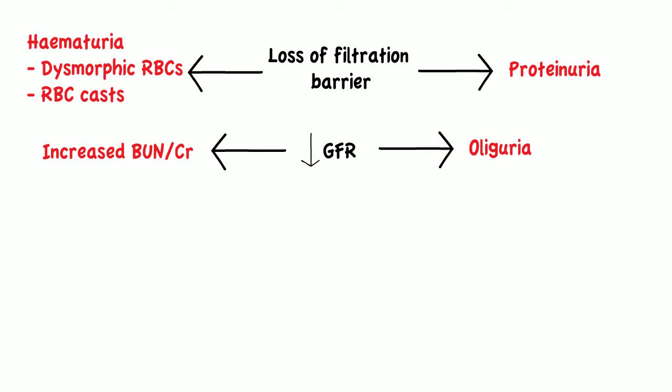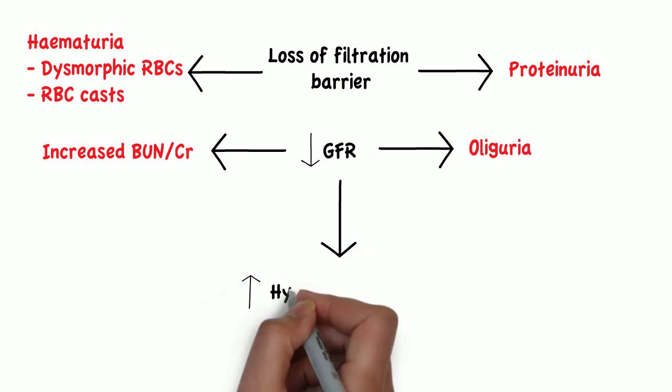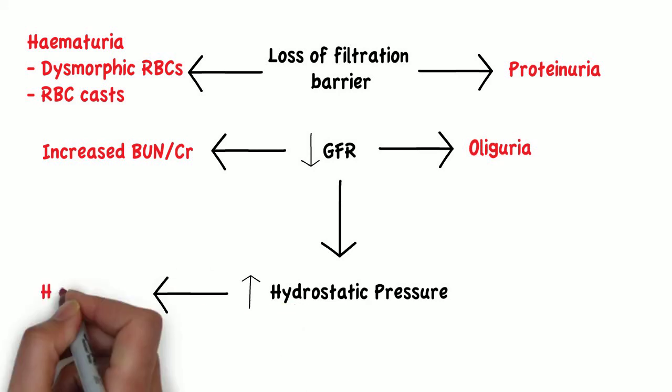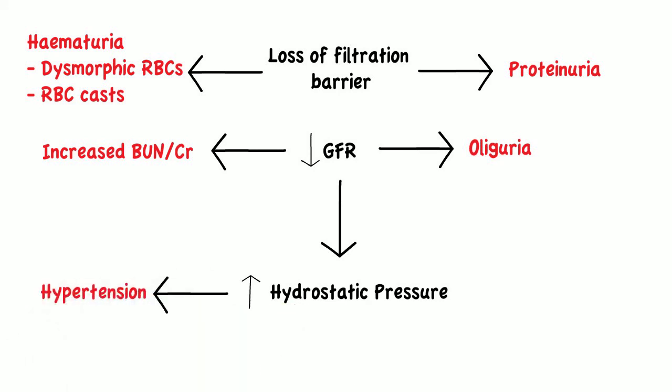Also, because the GFR falls, the hydrostatic pressure inside the vasculature increases, so patients with nephritic syndrome will often have hypertension. The increased hydrostatic pressure, together with proteinuria, will also lead to edema.